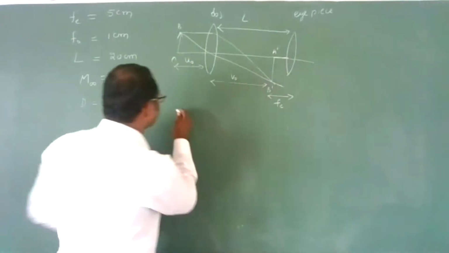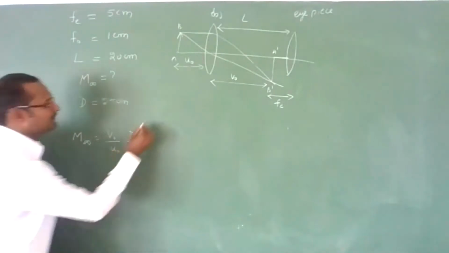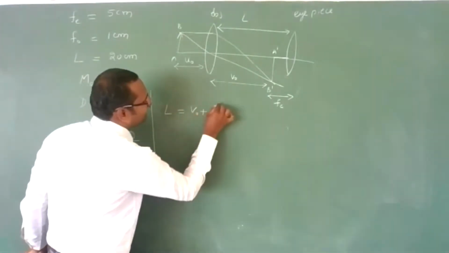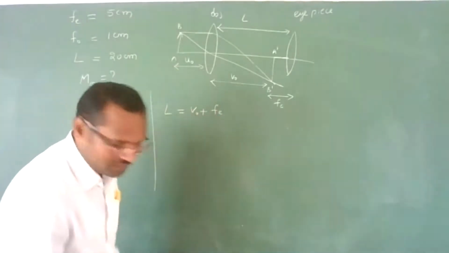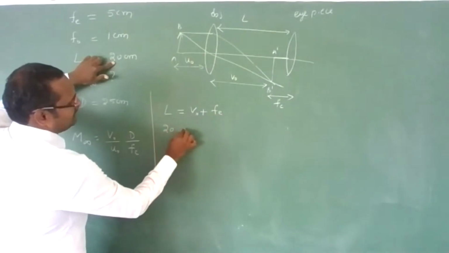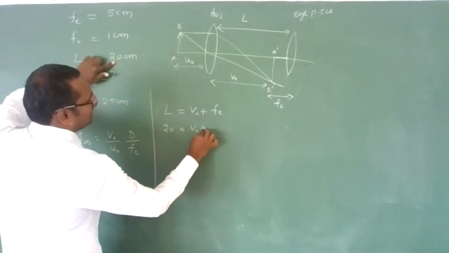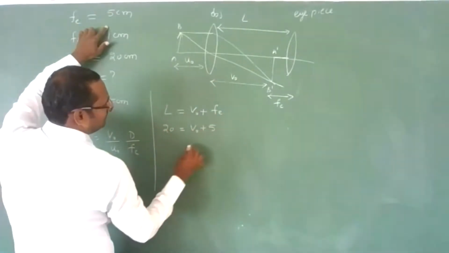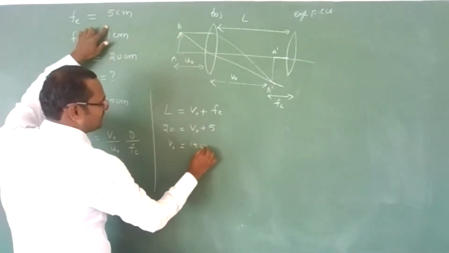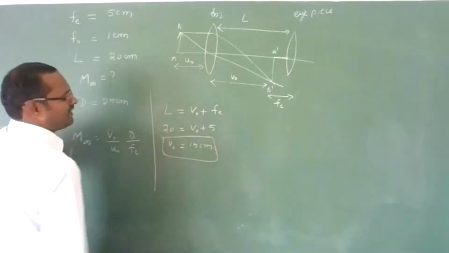Total length of the tube will be nothing but V naught plus Fe. This is 20 centimeter, V naught unknown plus Fe 5 centimeter. So V naught will be 20 minus 5, 15 centimeter. Yes, I got the V naught value.